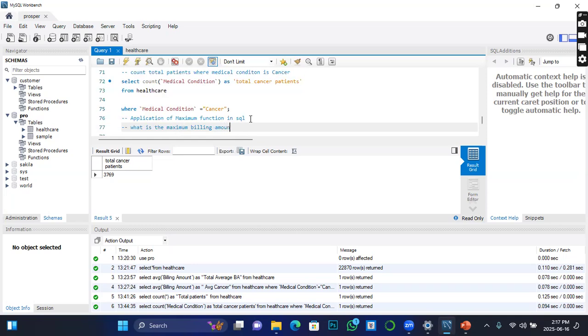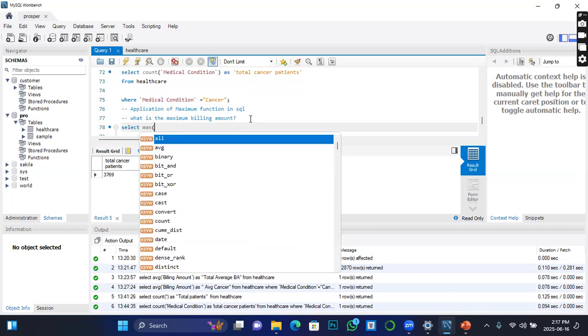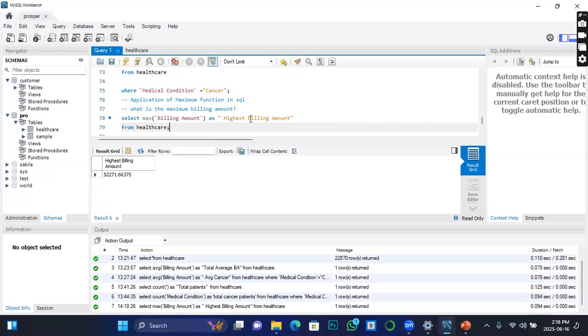To answer it, select max billing amount as highest billing amount from healthcare. So the highest billing amount is this.